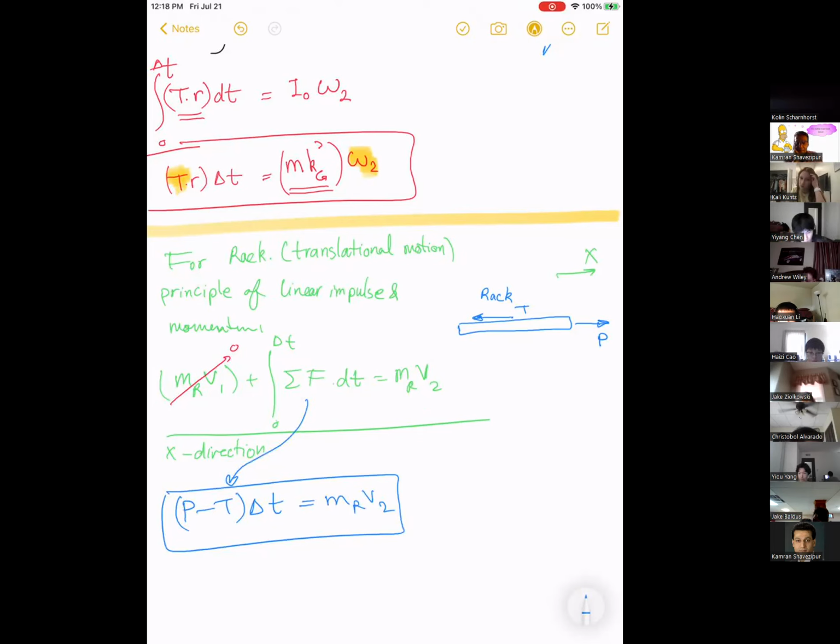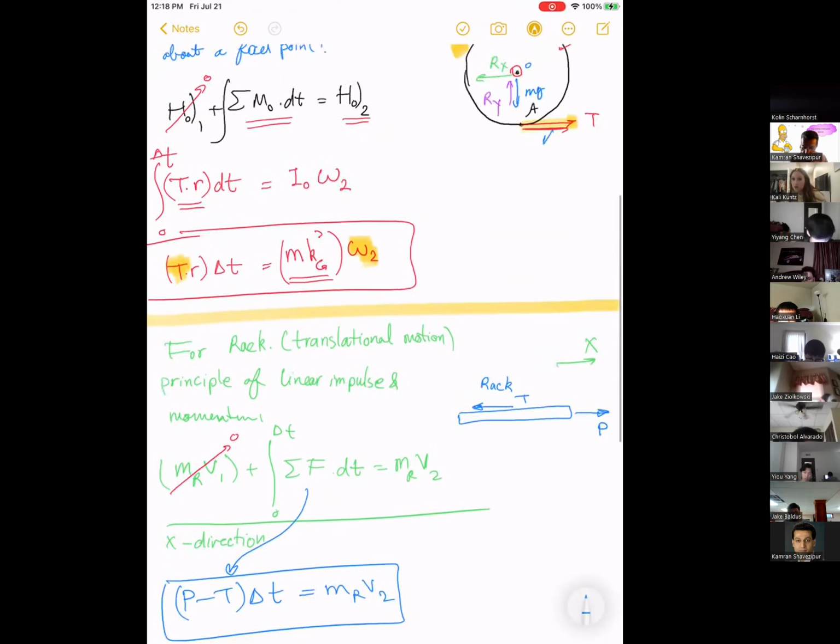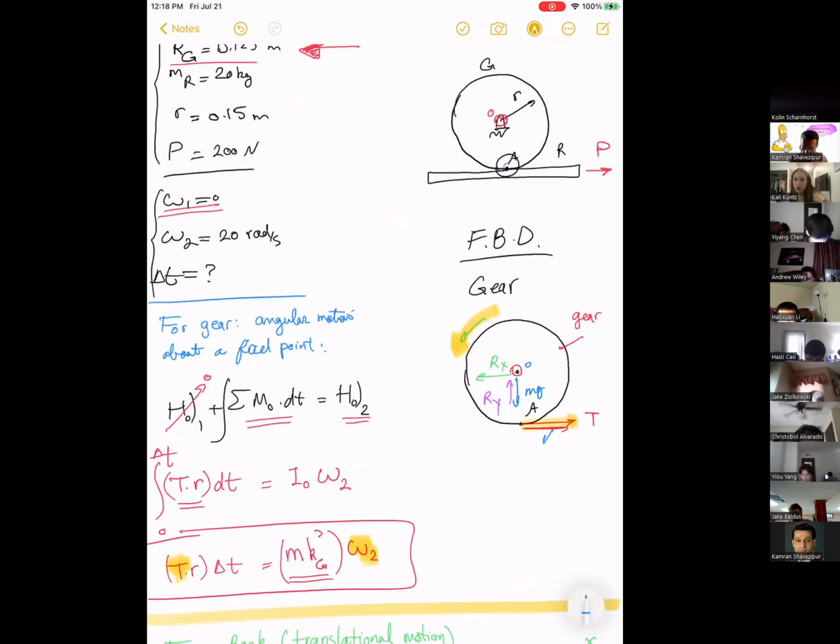Kelly, how can we relate the velocity of the rack to the velocity of the gear? Like with rotational motion, the velocity equals omega times r. Exactly.